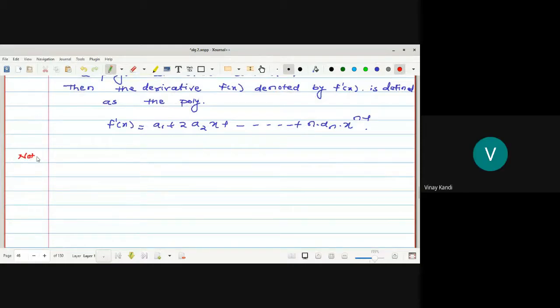Here, this 2 means 1 plus 1, and this n is equal to 1 plus 1 plus 1 up to n times.